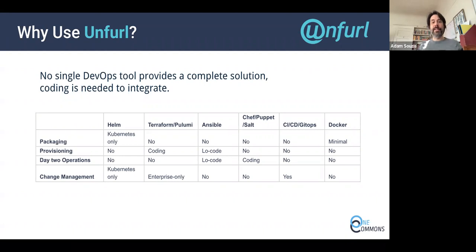There's day 2 operations, and maybe you use Ansible or scripts or something like Chef for that. You have a continuous integration system, which is CI/CD, but there's no tool that does it all. And so having a build tool that knows which ones to call enables us to have a nice, clean way to manage your DevOps infrastructure.